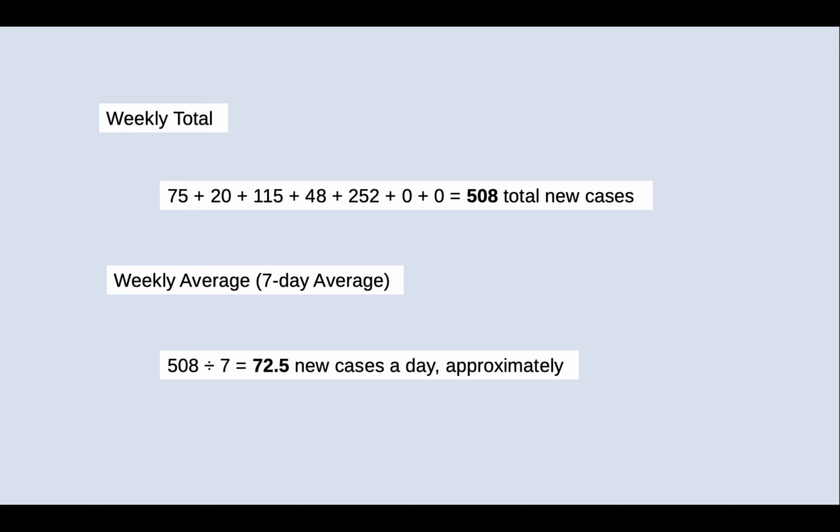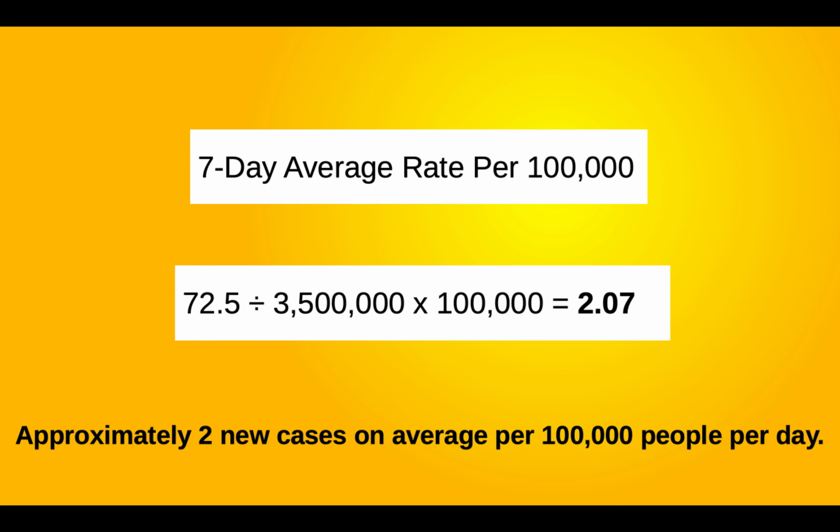Total count, not per capita. We can make it per capita, again by dividing by the population, multiplying by 100,000. And this number, the 7-day average rate per 100,000, we took the weekly average, divided by the population, multiplied by 100,000, and got 2.